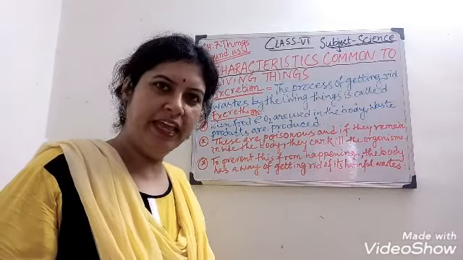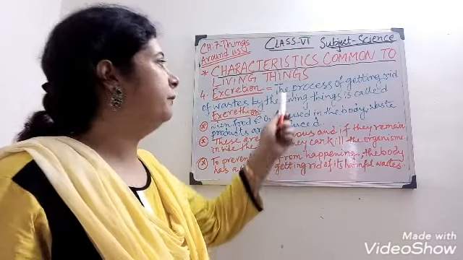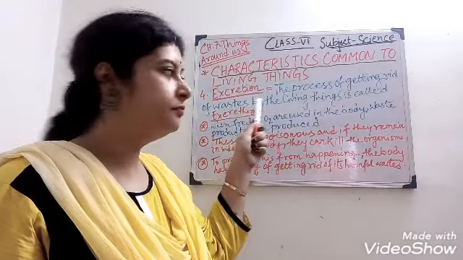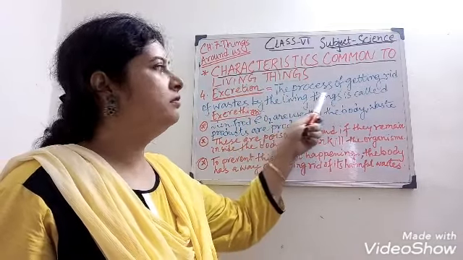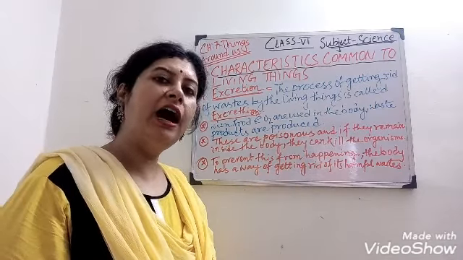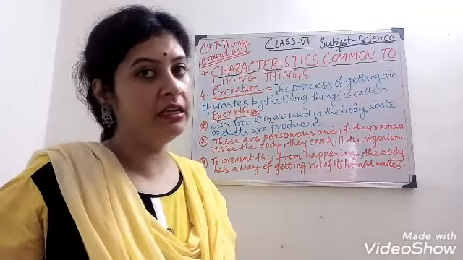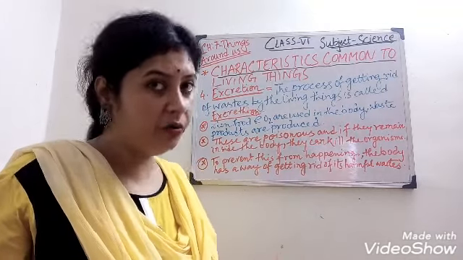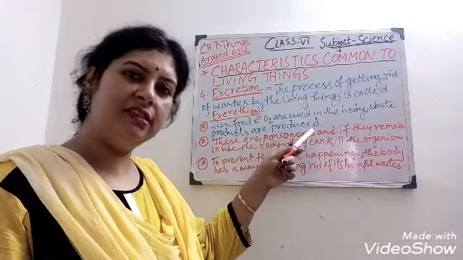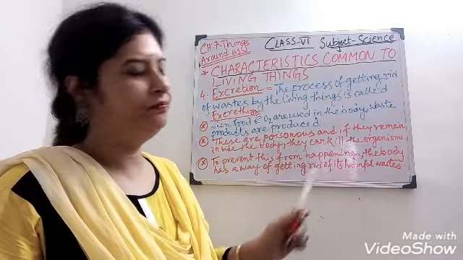Characteristic number 4, excretion. Now what is excretion? The process of getting rid of waste by living things is called excretion. Now, how are these wastes produced in the body of a living organism? When food and oxygen are used in the body, wastes are produced.